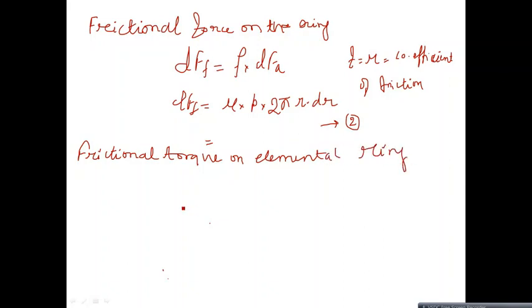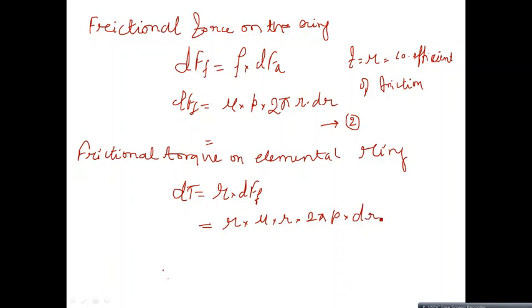Now the frictional torque on the elemental ring. If you consider dT as the frictional torque on the elemental ring, how will you get torque?